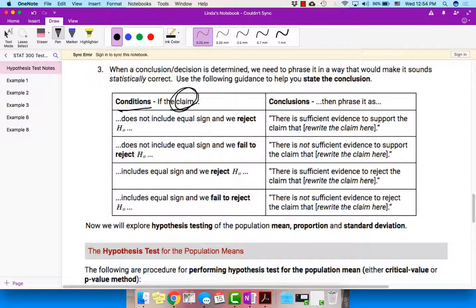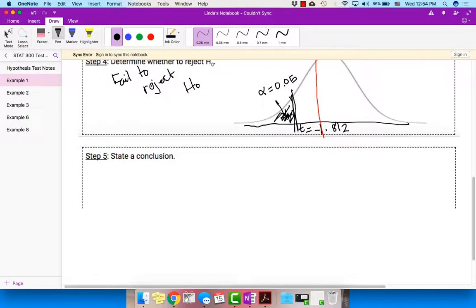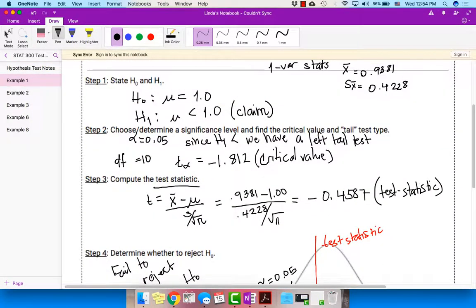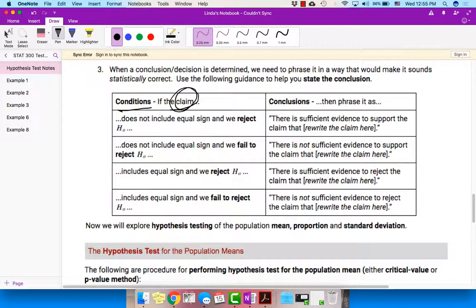If the claim does not include the equal sign and we reject the null hypothesis, then this is how we state it. So let's go back to example number 1 and figure out what the claim is. The claim says that we have a less than sign. That means the claim does not have the equal sign. And we also need to remember that we fail to reject the null hypothesis. So the claim does not include the equal sign, and we fail to reject the null hypothesis.